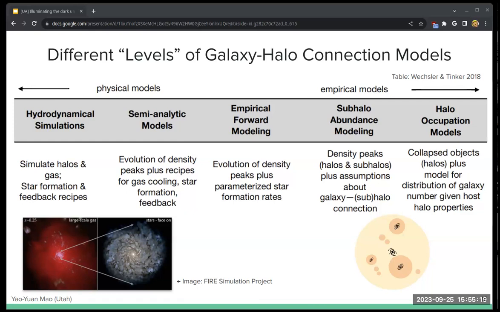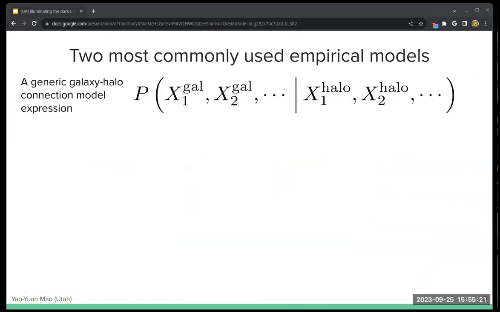And so theoretically, if I were to abstract what I'm talking about, a galaxy halo model, I can think of it as: if you give me specific halo properties, which I wrote here, X halo 1, X halo 2, how do you predict the distribution of the galaxy property that you're interested in?